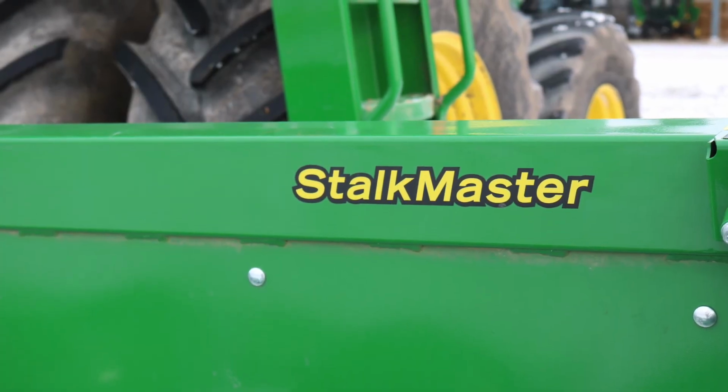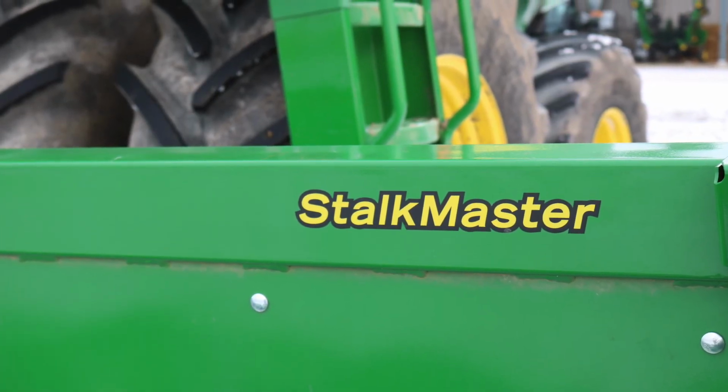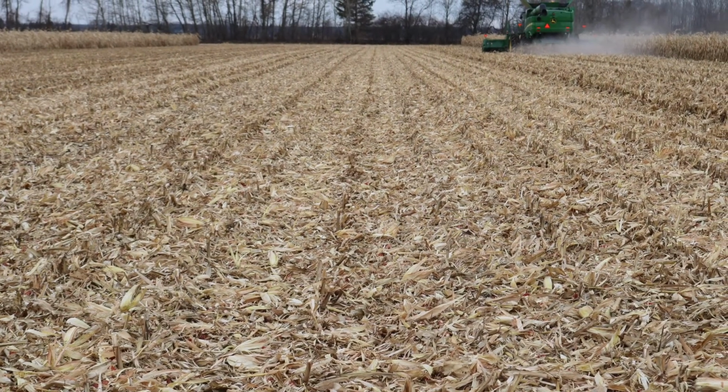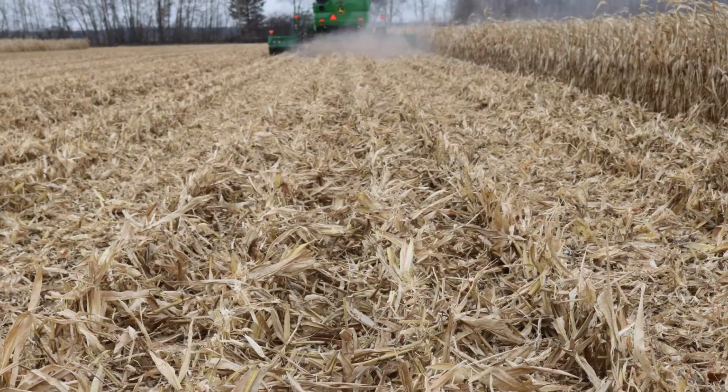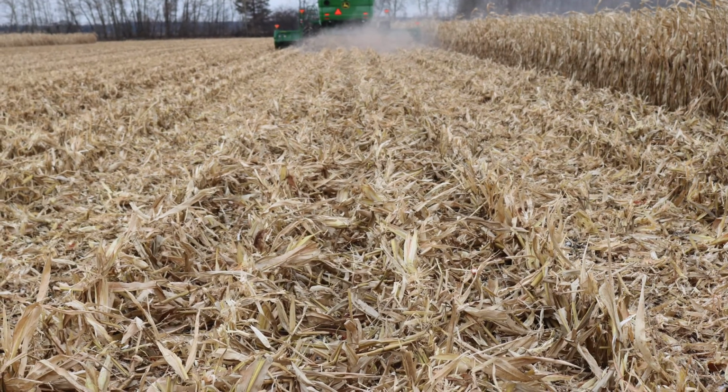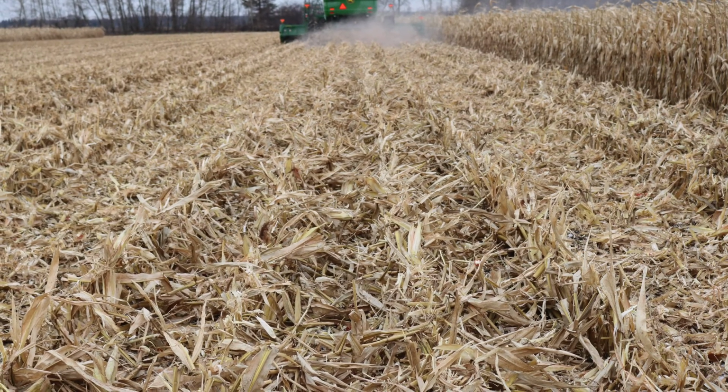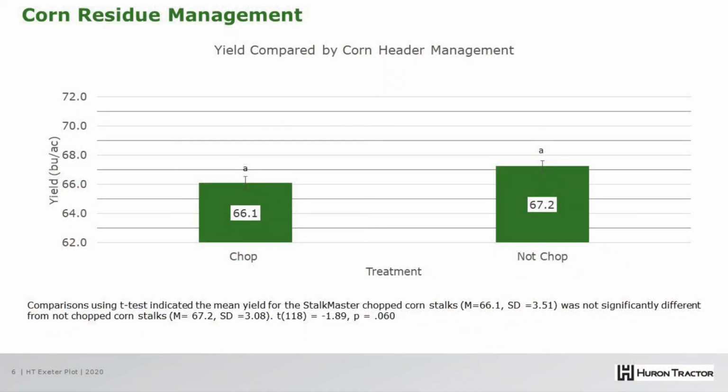In the fall of 2019, a Stockmaster corn header was used to harvest the corn. A portion of the field was chopped using the Stockmaster blades, and another portion was not chopped with the blades disabled. Now, when we look at the yield results in the soybean field, there was no significant difference between the chopped and non-chopped portions of the farm.